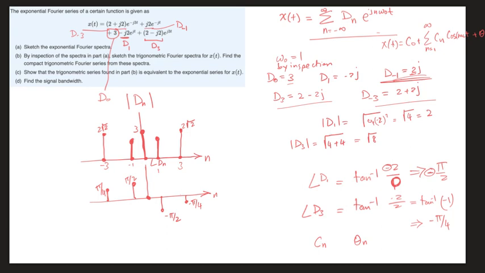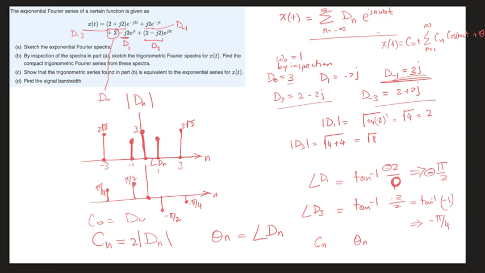So let's write it again in a less confusing way. Cn, because it's always real, is equal to 2 times the magnitude of Dn. And C0 is equal to D0 directly. And then the phases, theta n, are equal to the angles of the Dn.